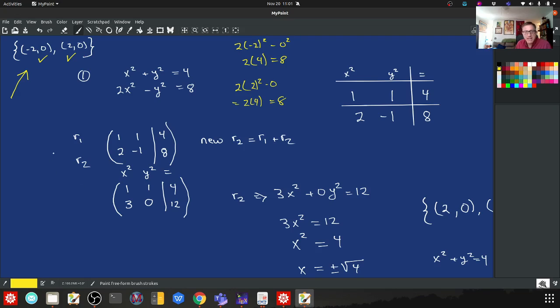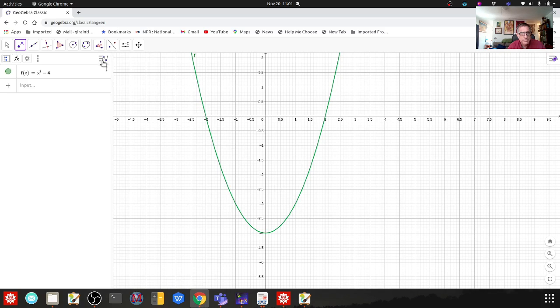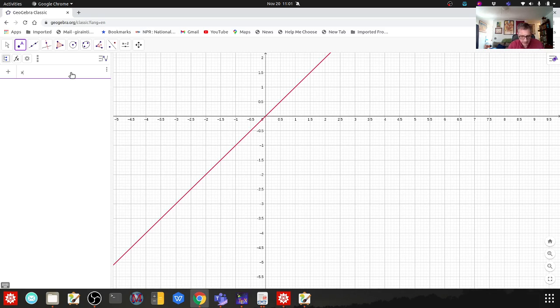So you can imagine what that looks like. As a matter of fact, let's take a look and see what that looks like, just so you can get a visual. So my first equation was x squared plus y squared is equal to 4.